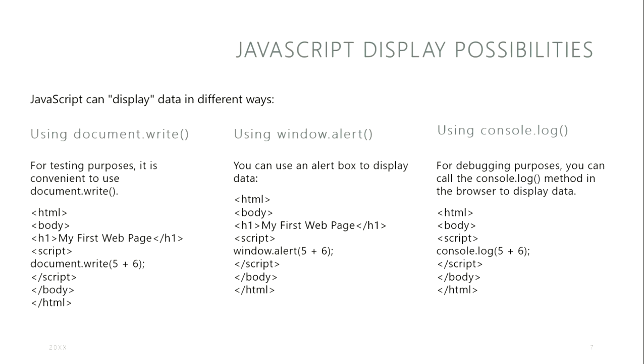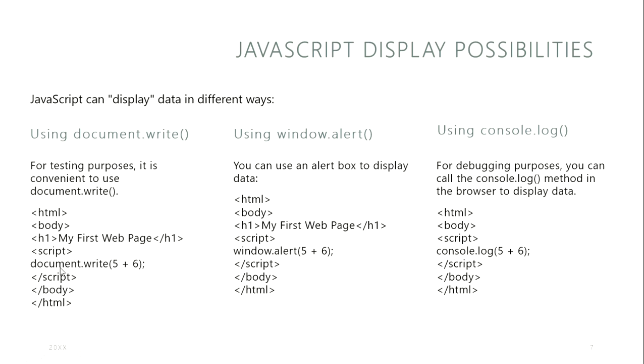Next, talking about JavaScript display possibilities. So there are 3 ways in which you can display your data using JavaScript. The first is using document.write. So as you can see, this is the syntax for it. For testing purposes, it is convenient to use document.write. In the body tag, we use the script tag to define JavaScript.